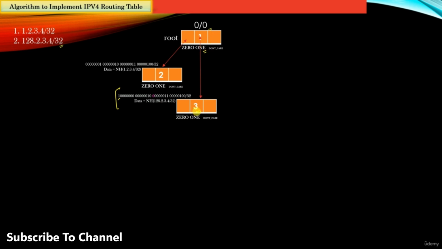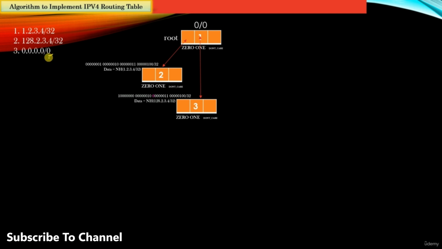And the node number 3 will contain the effective prefix as the following, and this is the prefix len, and this is the data part. Alright. So we have successfully inserted the route number 2 in this mtry data structure. So things are pretty much easy and simple. We just scan the first bit of the effective prefix of the new route, and based on that, we insert a new child node as a child of the root node.